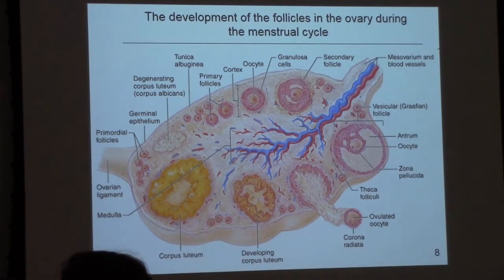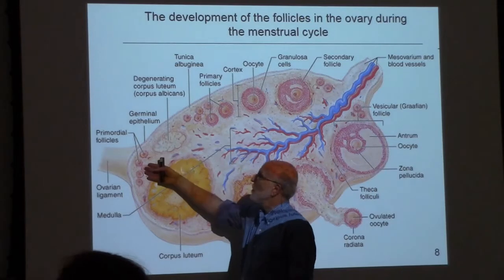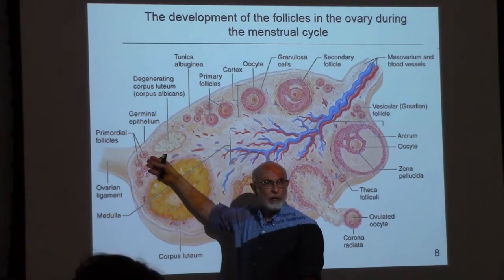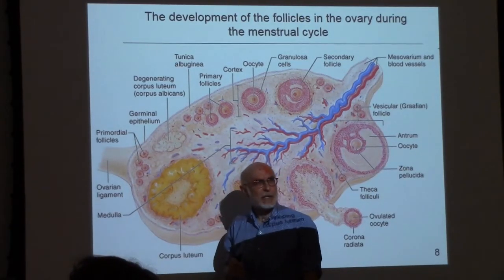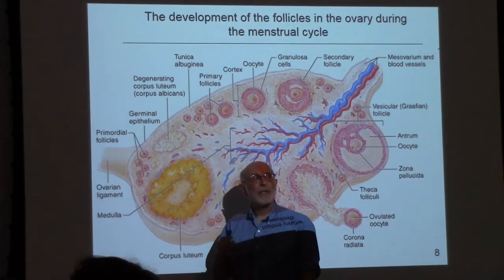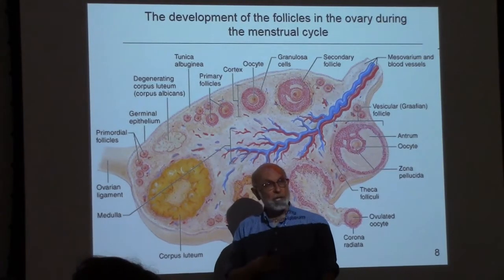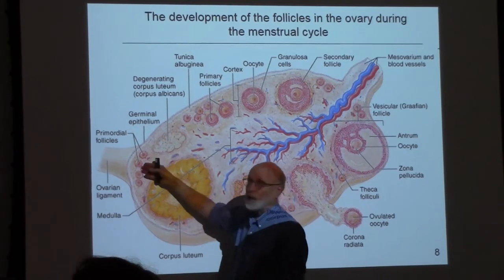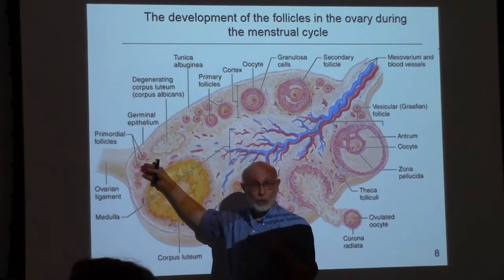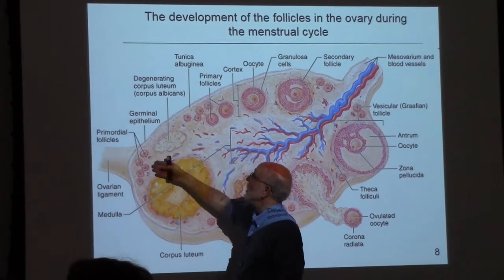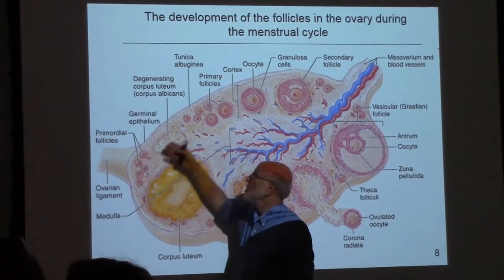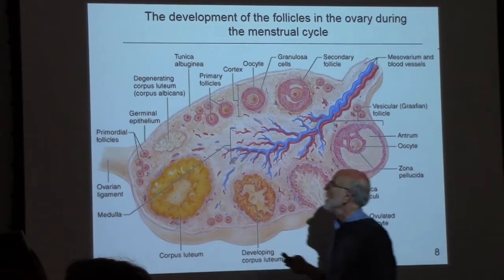Yes, Zoe. So, how do the primordial follicles turn into the... So the primordial follicles are sort of under control because there's low levels of estrogen, but during puberty we're going to start to see estrogen changes. Estrogen, that I'm going to talk about real soon, is going to be triggering some of these cells to undergo, let me go to the next slide.